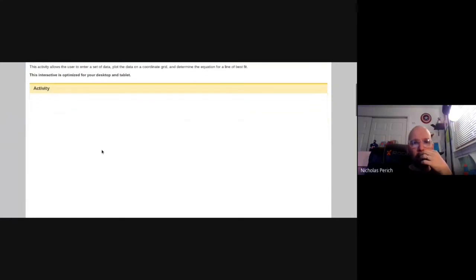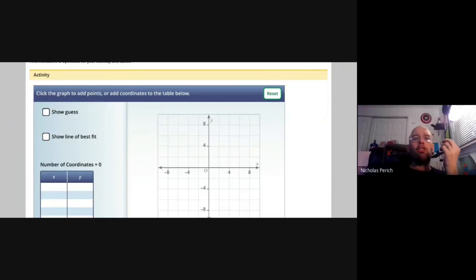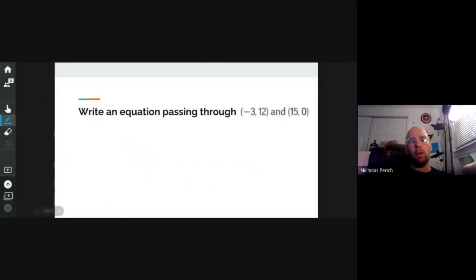It wasn't working yesterday. Yay. So it wants me to write an equation. It doesn't say that I have to do it a specific way, in point slope or slope intercept. So I'm going to use the Lin-Reg calculator, because I haven't done that yet, to do just that.